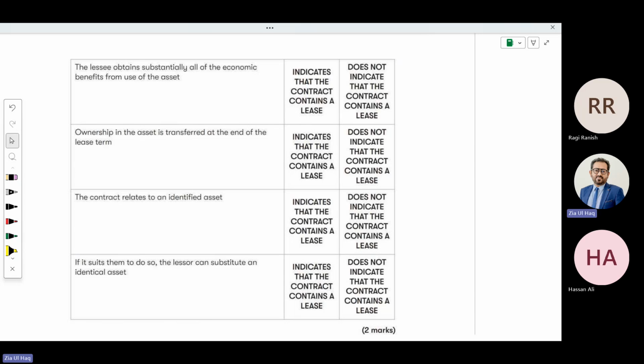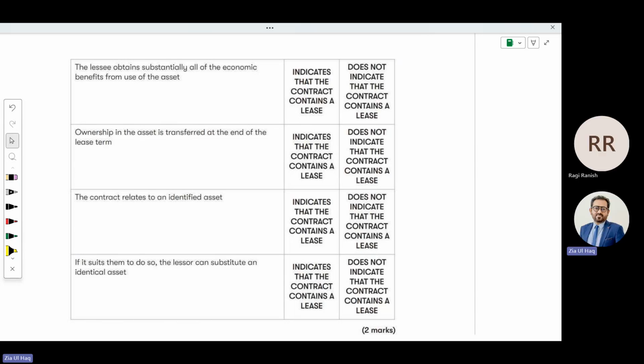So under a lease, the lessee obtains all of the economic benefit from use of the asset because the control is transferred to the lessee, not the lessor. So who will use all the economic benefit for the use of the asset? The lessee. So this is a lease. If it is using the word lessee, this means it's a lease.